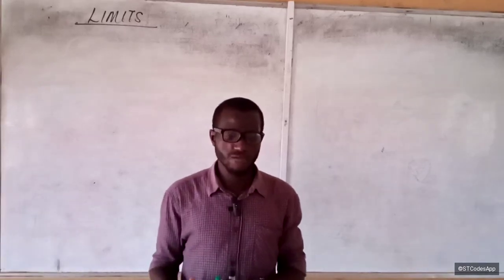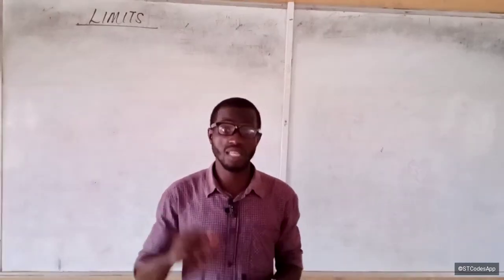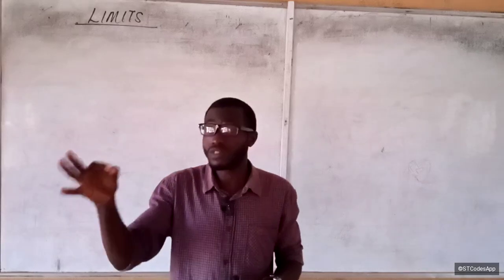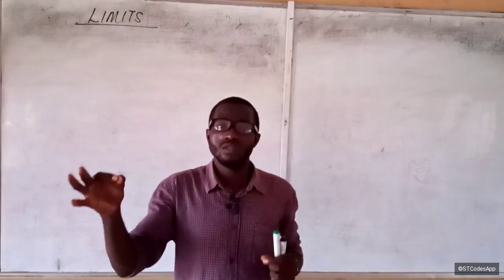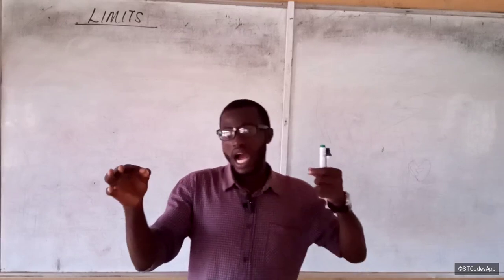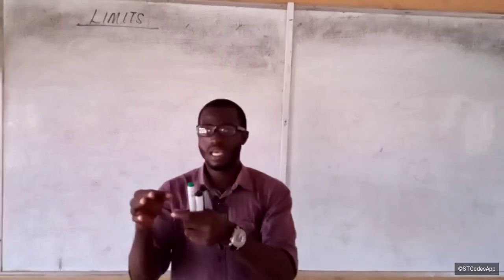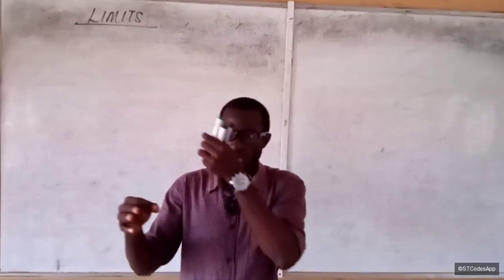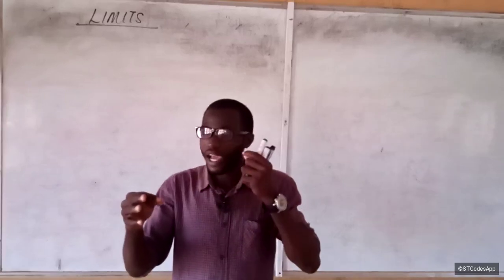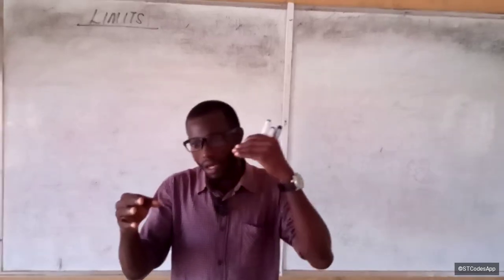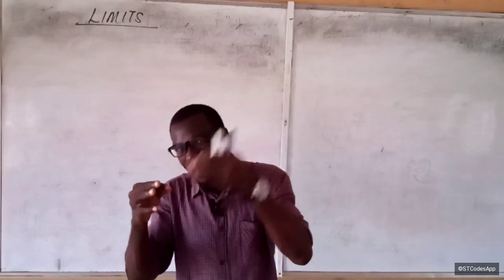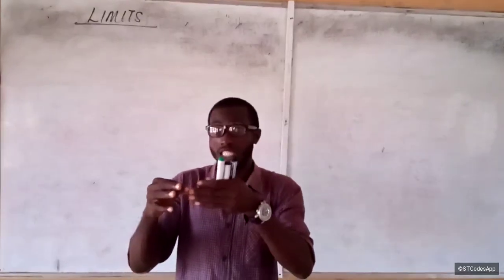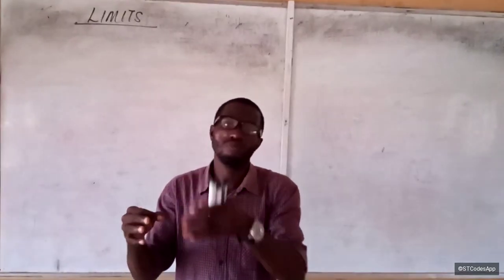Now, if we talk about limits in mathematics, a limit is a particular constant number which a function approaches and can never go beyond, or a particular constant which a function gets closer and closer to as much as possible and will not go beyond. Is that okay?